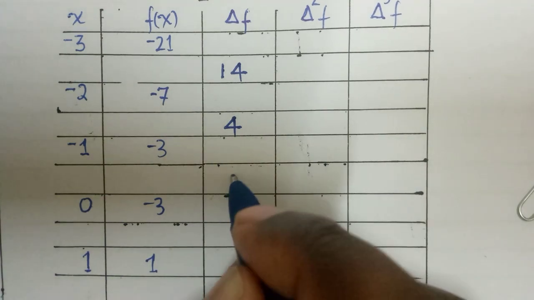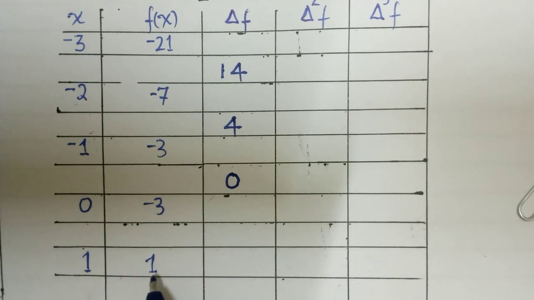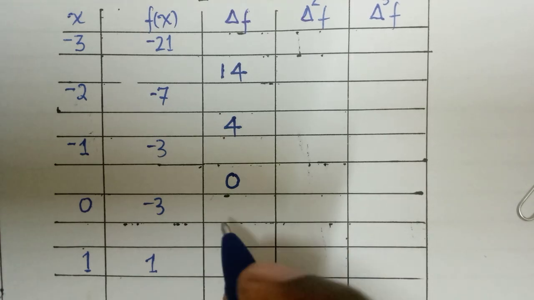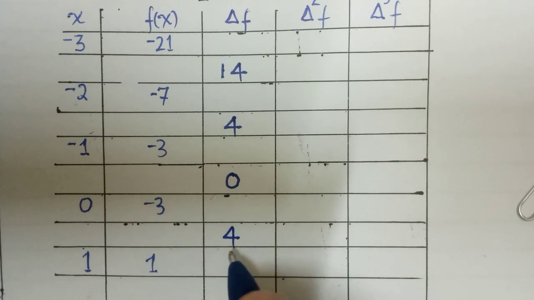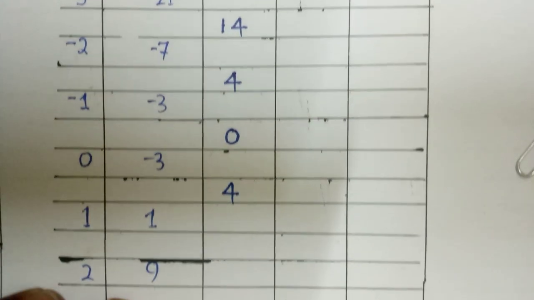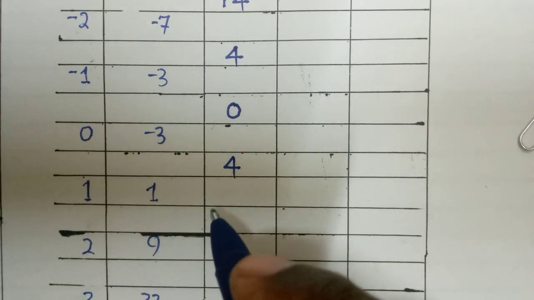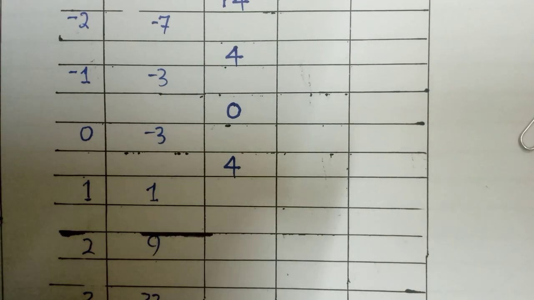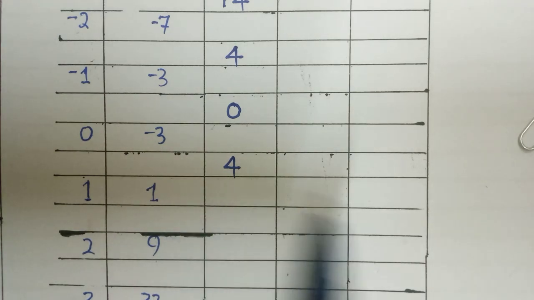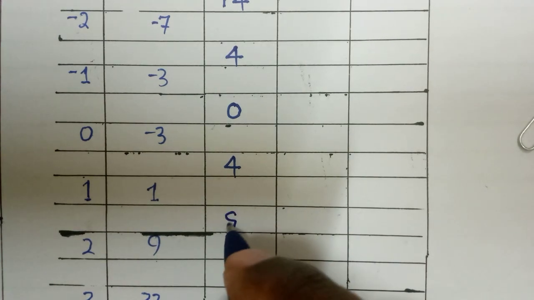That one will give us 0. We now come to this one, 1 minus 3. That one will now give us 4, like that. So we come to this other figure, 9 minus 1, sorry, it's 9 minus 1. It's going to give us 8.